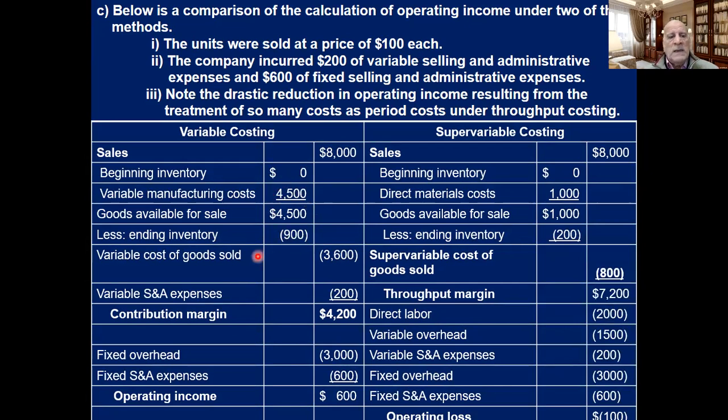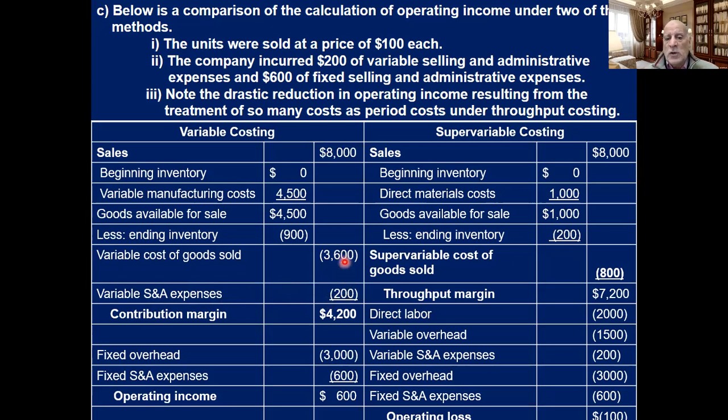So variable cost of goods sold is $3,600. This figure should be added to the other variable costs in selling and administrative. Variable selling and administrative expenses are assumed to be 200.